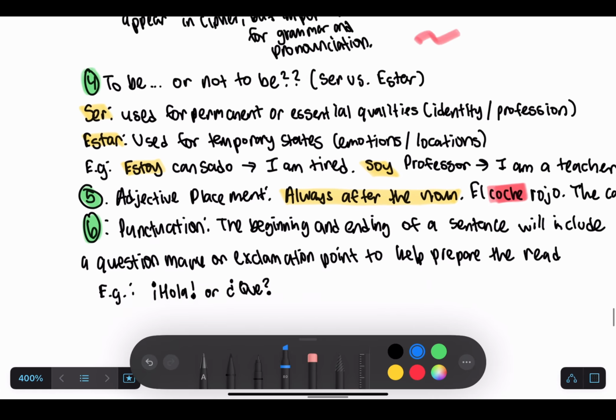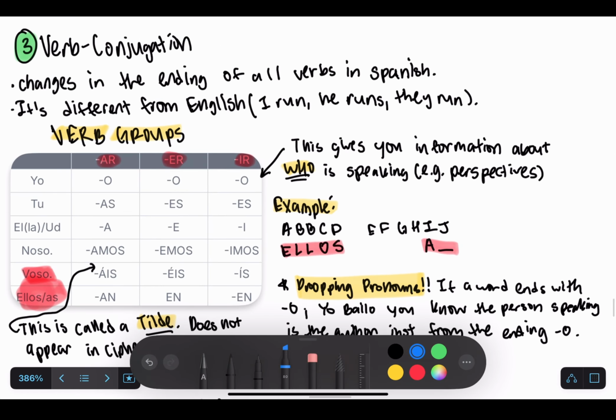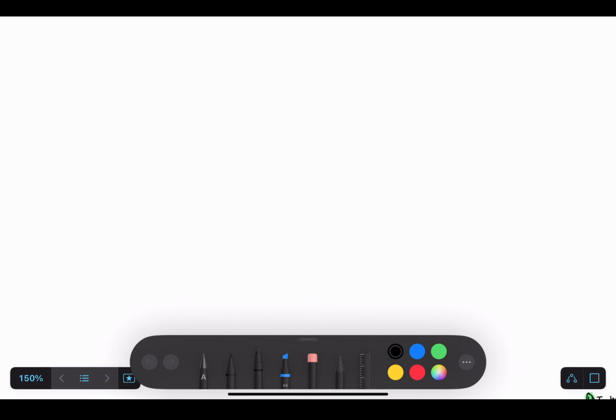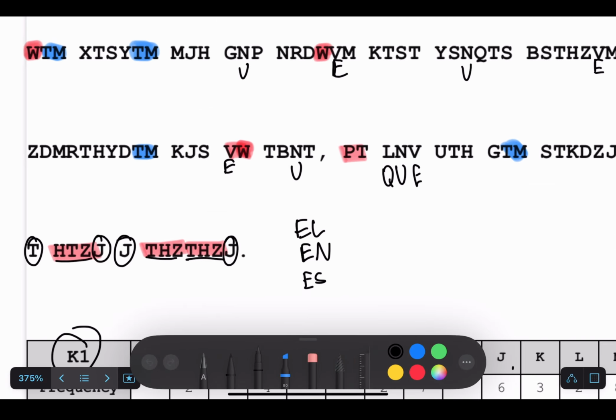If I go back and look at my verbs table, I can see that an ending of AS or ES is going to be with TU, talking about you. So I'm using this to let me know about the word ending of TM right here.